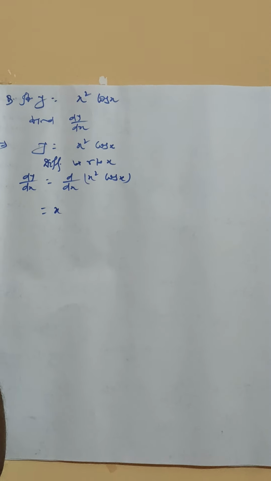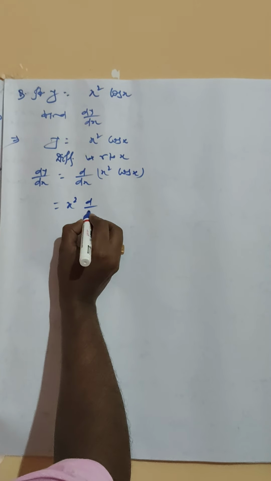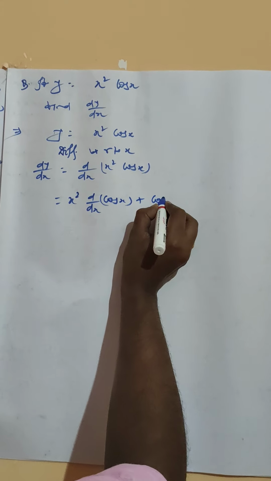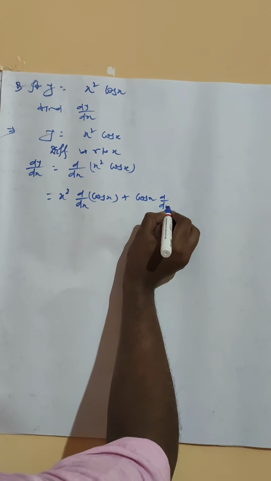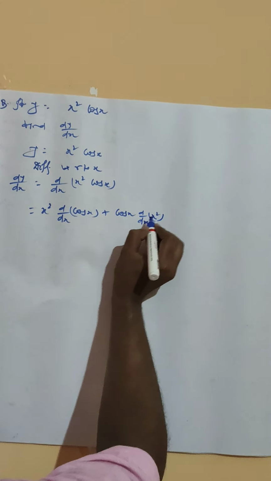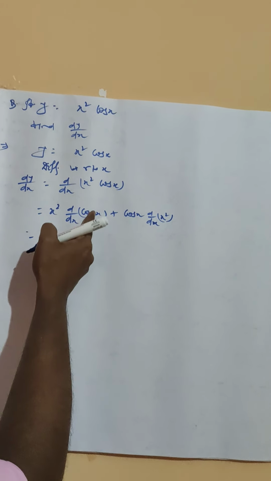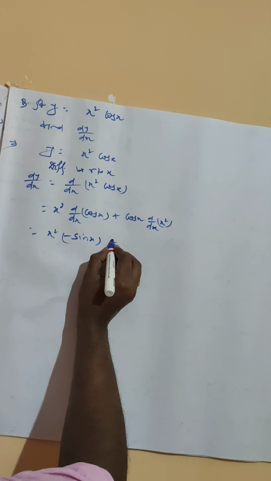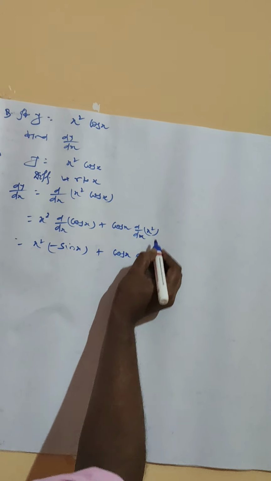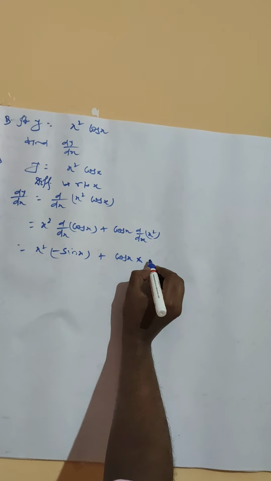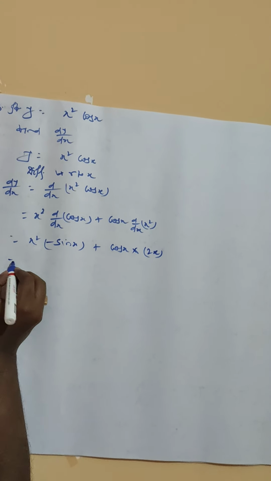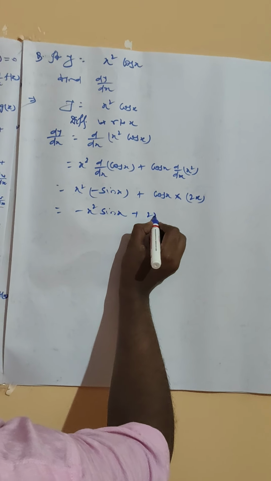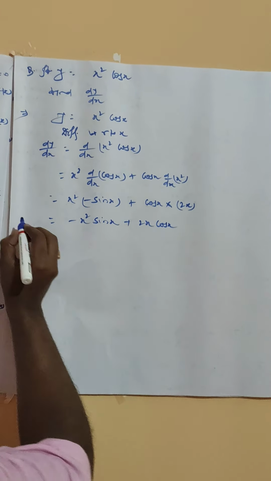According to this result, x squared d by dx of cos x plus cos x d by dx of x squared. So x squared for cos x, its derivative is minus sin x. Cos x for x squared, x raised to n, that is 2x. Minus x squared sin x plus 2x cos x.